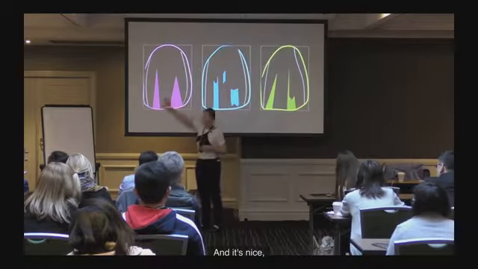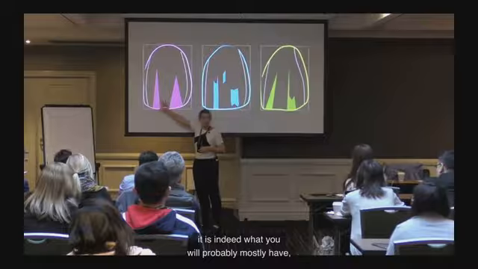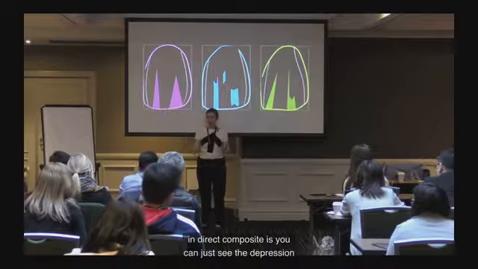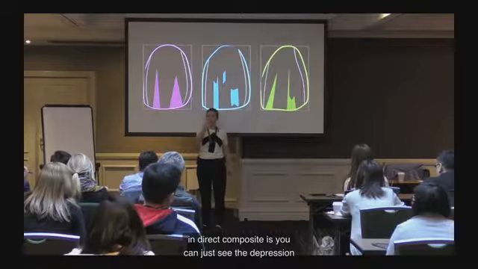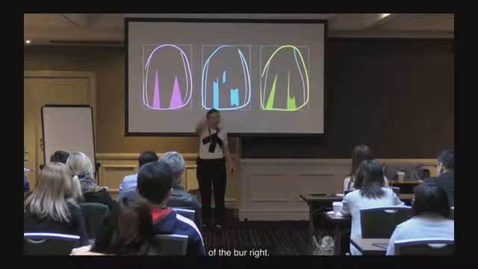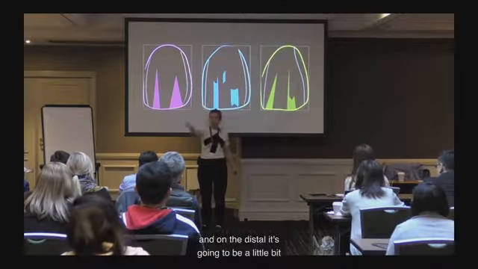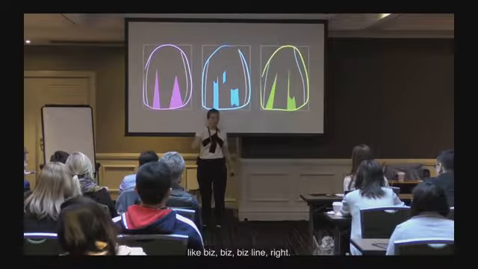And it's nice. It is indeed what you will probably mostly have, but what it usually ends up being in direct composite is you can just see the depression of the bur, right? In the mesial, it's going to be this line, and on the distal, it's going to be a little bit like a line, right?